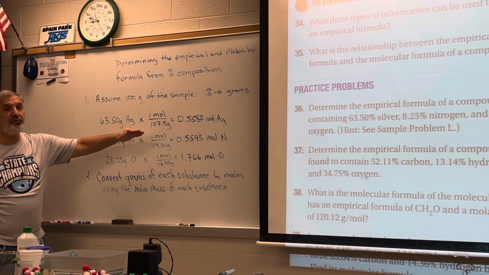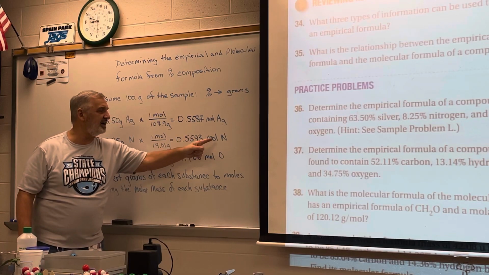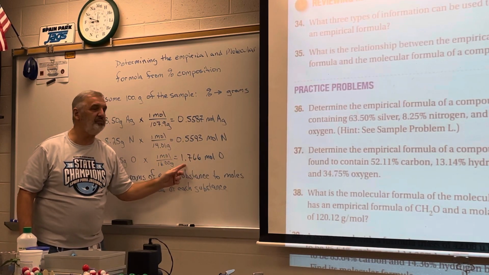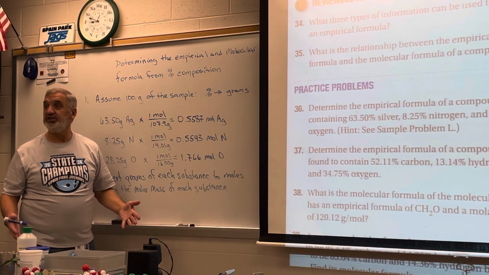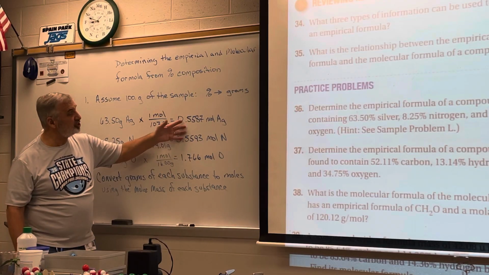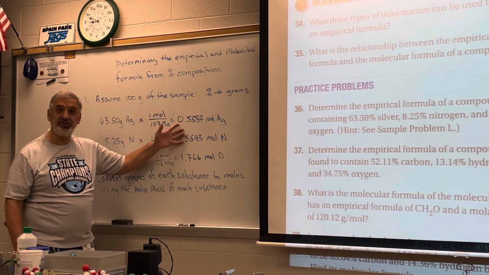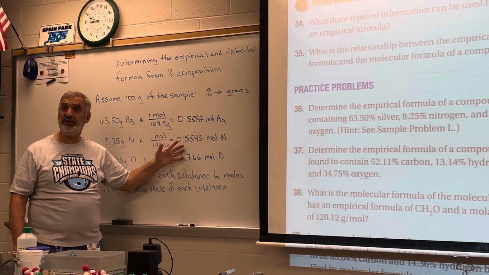So I have a mole ratio here, but you're never going to see a formula Ag 0.55, N 0.55, O 1.7, whatever. It's always going to be whole numbers. So if this is indeed a compound, which it is, these should be in a whole number ratio. So how did we determine that whole number ratio?